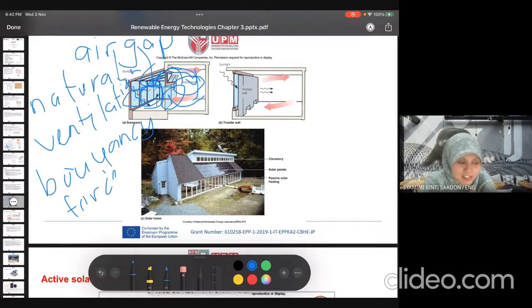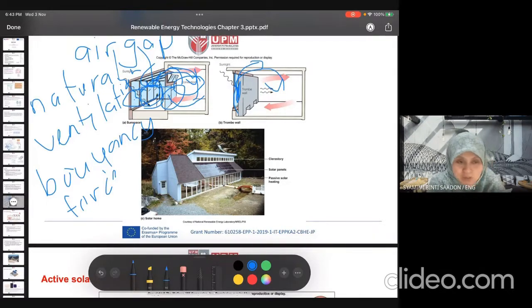Okay, there is an air gap here between the thermal wall and the glazed window outside. So the heat from the air gap will be heated up and will be transmitted into the building and will exchange through the process.